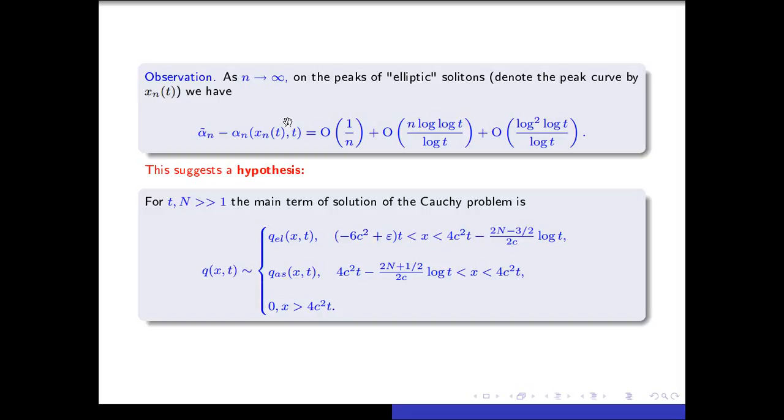But the mechanism of how this occurs is unknown to us.